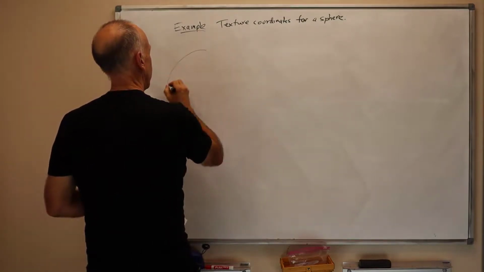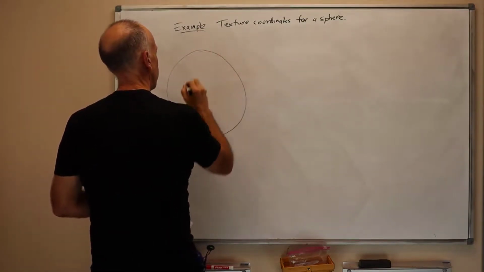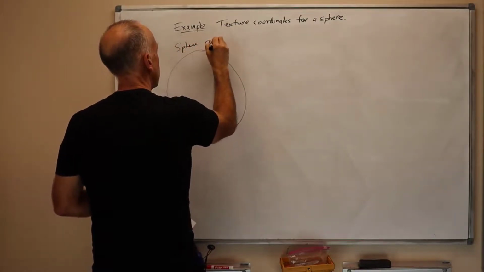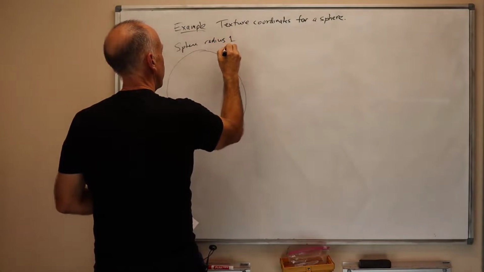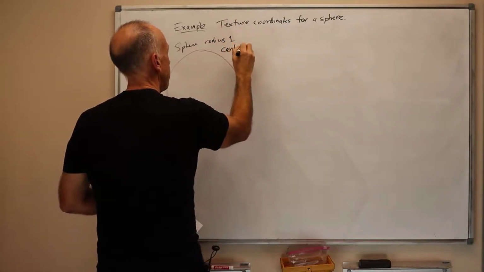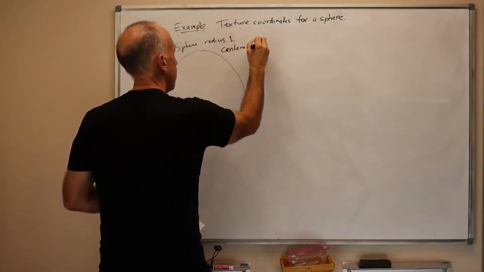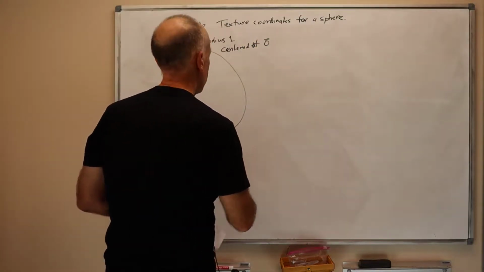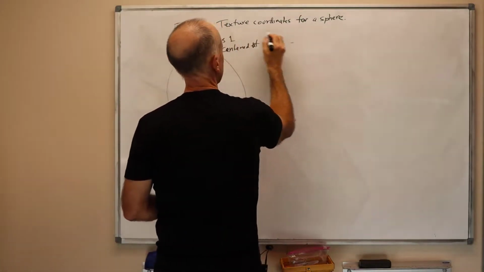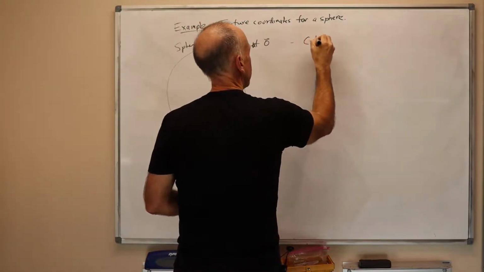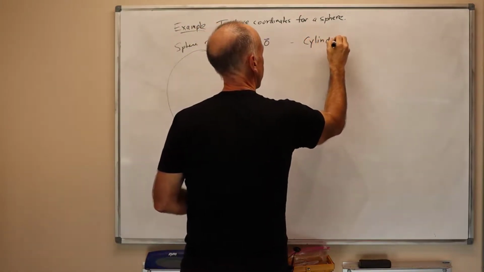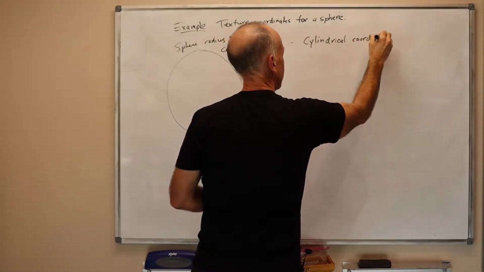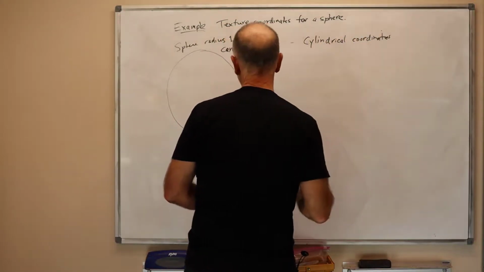But here's a sphere, and we'll say it's radius 1, centered at the origin. And we'll use the so-called cylindrical coordinates. It's also possible to use spherical coordinates, but I'll let you look that up in the textbook if you wish, and I will just discuss cylindrical coordinates.